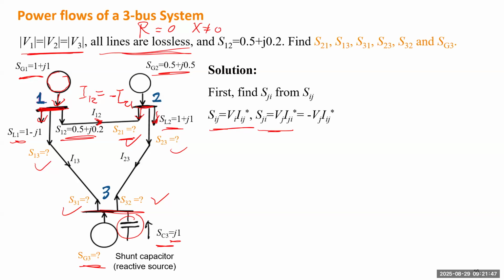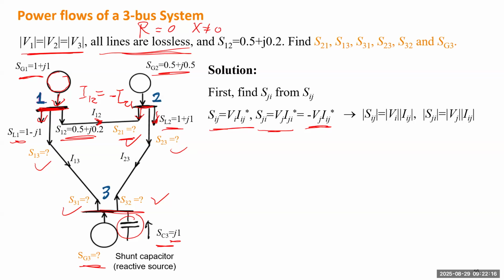So if we swap the subscripts, the current has to be opposite. Which means Sji, if we utilize Iij, will be negative Vj times Iij star. Okay, so immediately we can get this relationship if we take the absolute value of both sides. So we'll have those formulas.